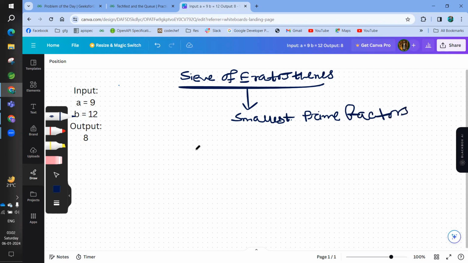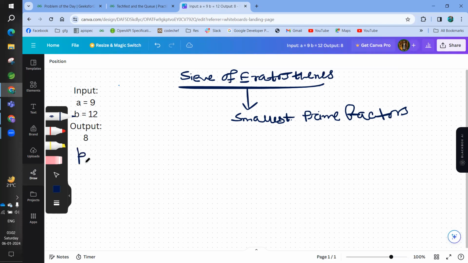Right? So through this you can easily solve this one. Using that sieve of Eratosthenes, you can create one array for calculating the prime factors.